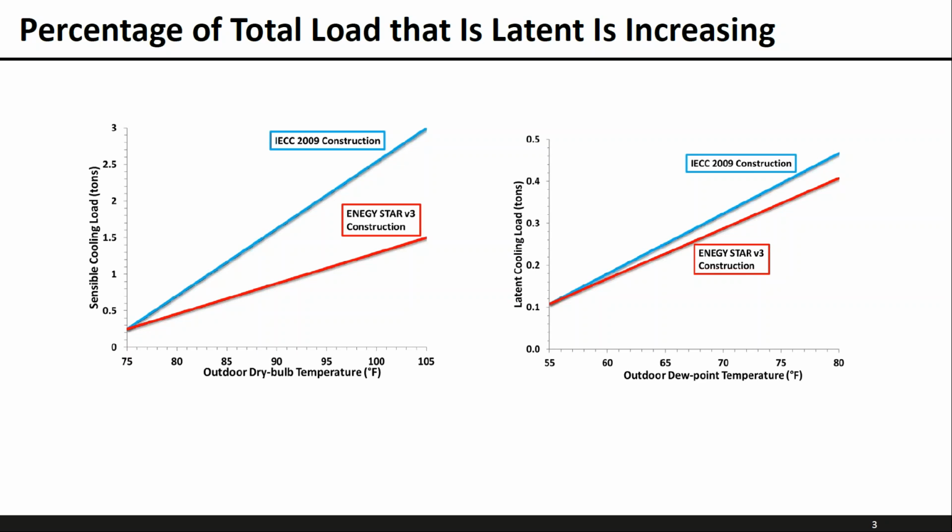And you can see due to the efficiency measures in the Energy Star home, the sensible cooling load has been reduced quite substantially. However, on the plot on the right, we see how latent load, now a function of the outdoor dew point temperature, is relatively similar between the two homes. So this means that the ratio of the sensible and the latent loads is changing quite a bit as we improve the building envelope.